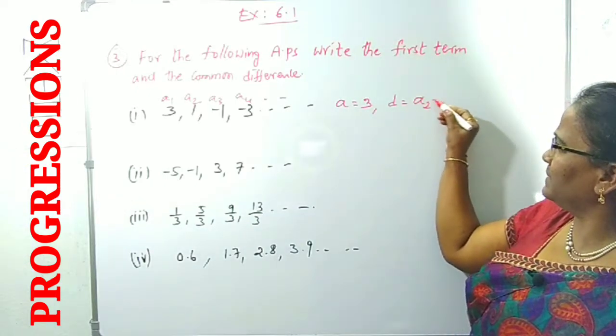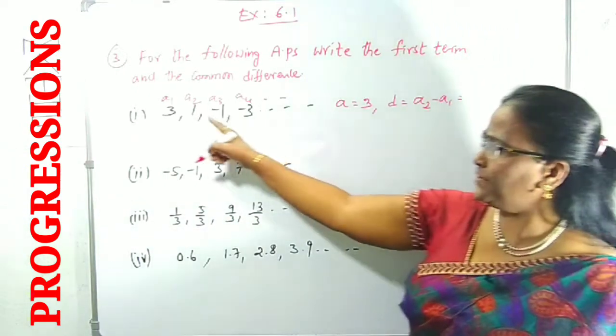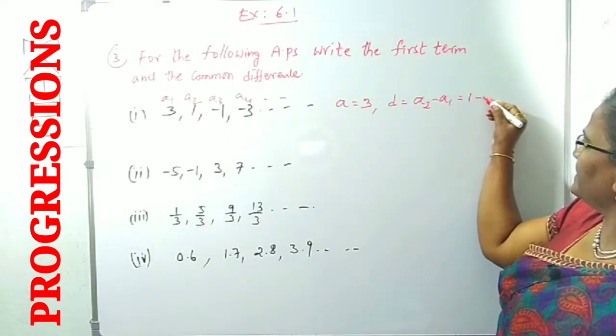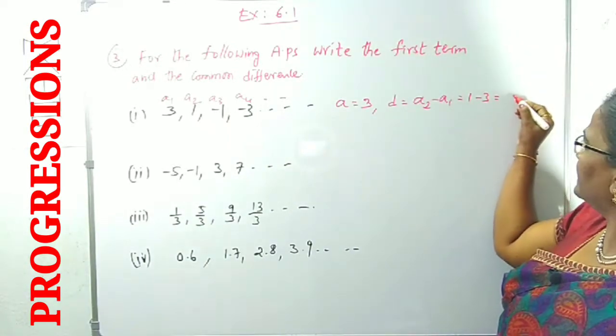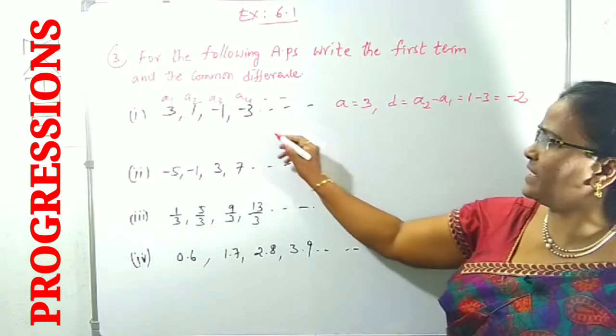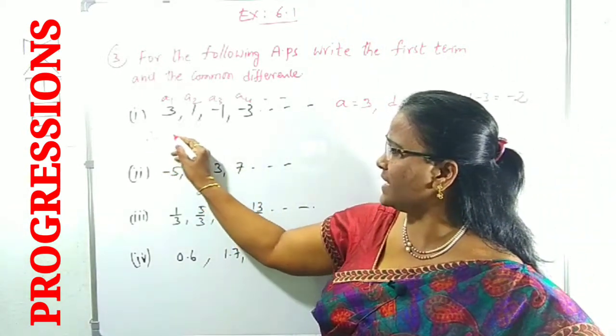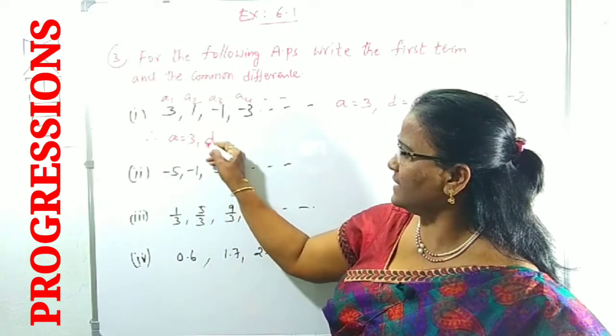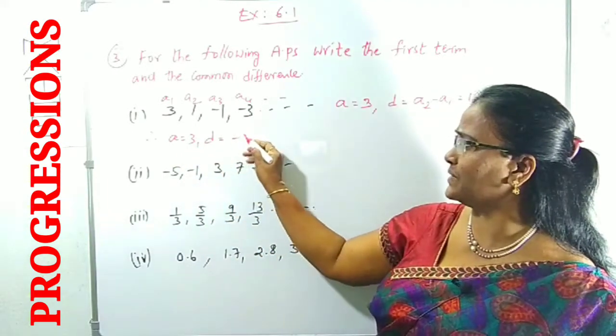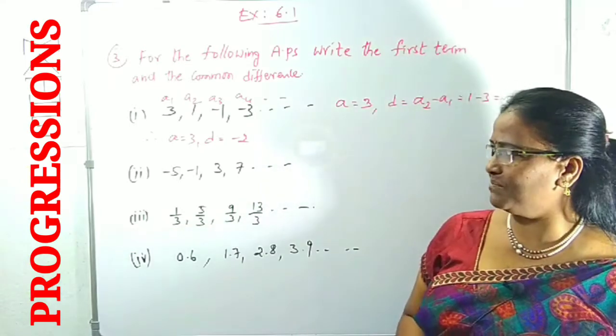A2 minus A1: A2 is 1, so 1 minus 3 is minus 2. That's it. So what are the A and D values? A is 3, D is minus 2. Okay, this is the answer for this bit.